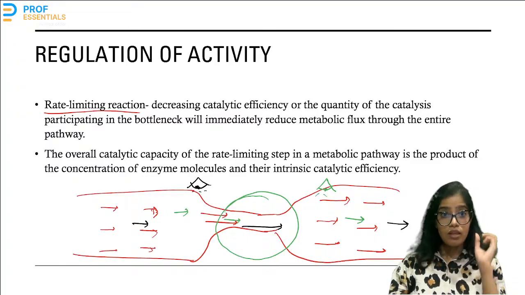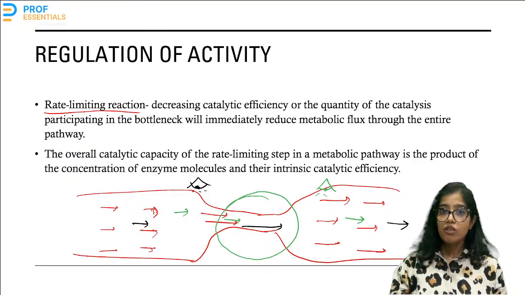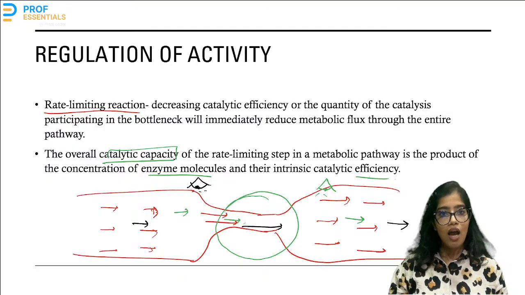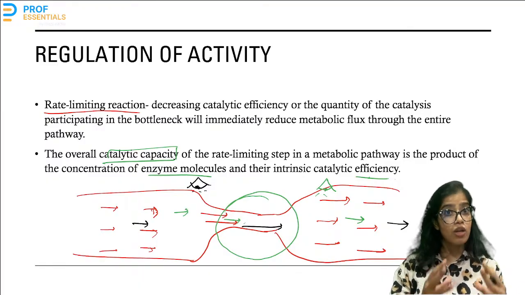Okay, now the catalytic capacity of this rate limiting step is the product of the concentration of the enzyme molecules and their intrinsic catalytic efficiency. The concentration of these cars and their efficiency, that is, their mileage. Okay, so the intrinsic catalytic efficiency of the molecules, that is how efficient are these enzyme molecules, and their concentration, how many enzyme molecules are present.